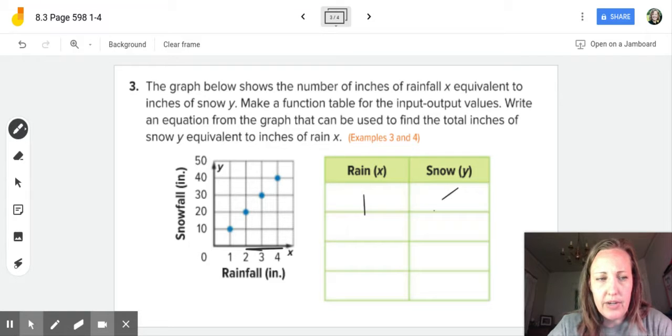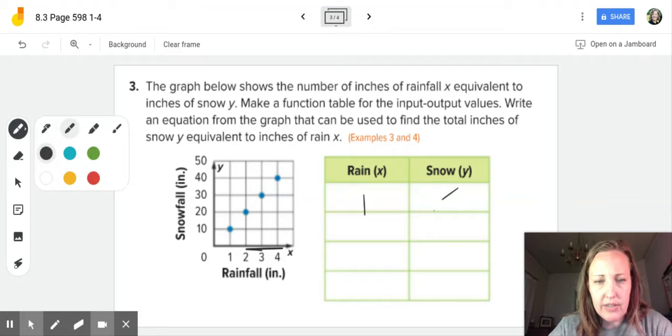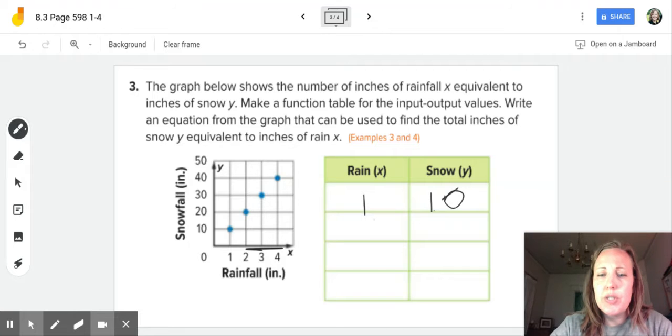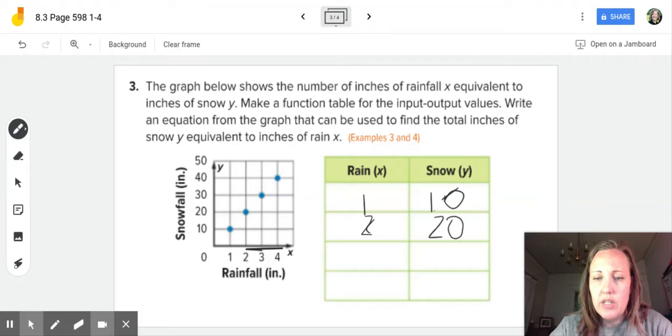Come on now, write for me. This is silly. Let's see if I can get it to write. That's a 10. Okay. For 2 inches of rain, it would be equal to, you guessed it, 20 inches of snow. 3 is 30. 3 inches of rain equals 30 inches of snow.